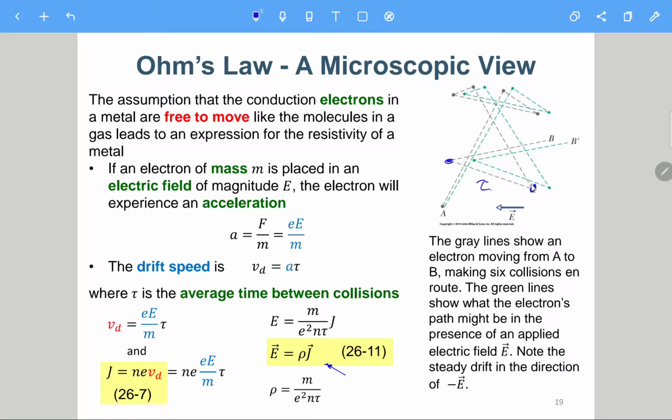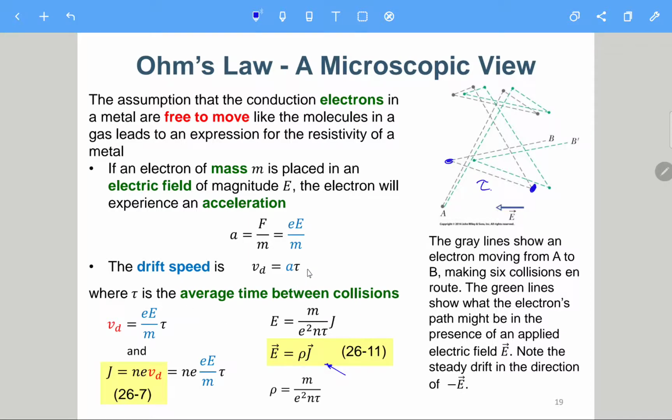So it will start to accelerate from here to there. So v_d will be a times tau. Of course, the average drift speed should be 1/2 of that, but it's just an approximation. So we have v_d equals a tau.